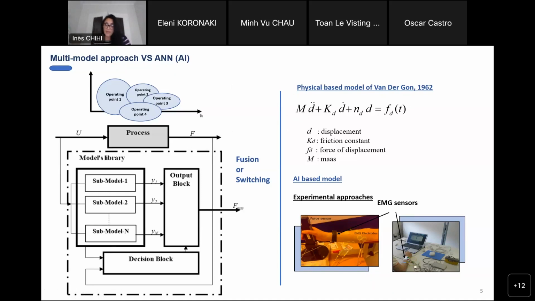But now I will present another kind of library based on inputs and outputs, and here I have two kinds of data. The first one is EMG signals, the muscle activities, and the force of the muscle.